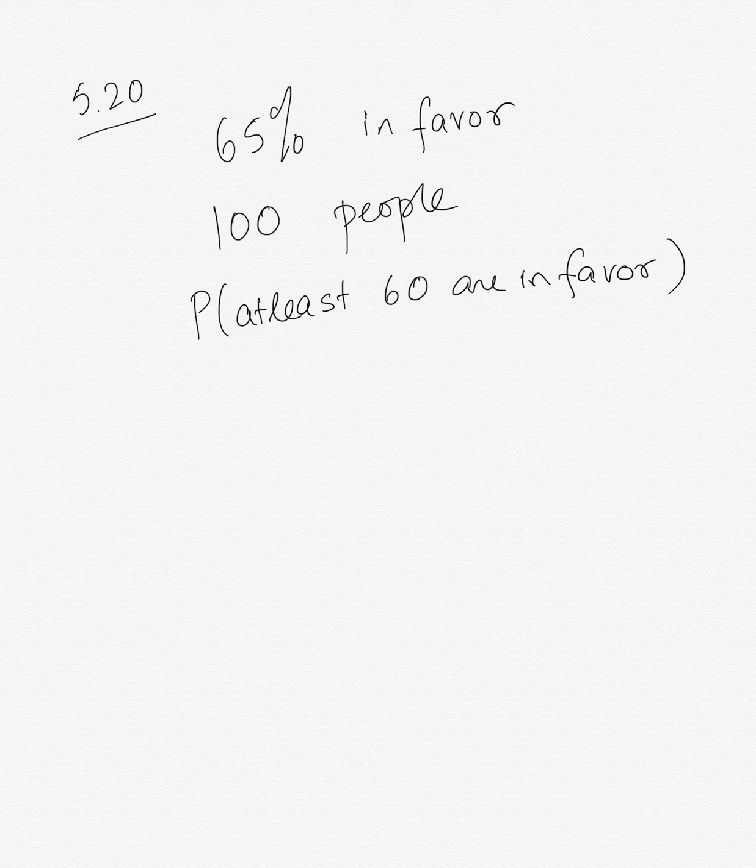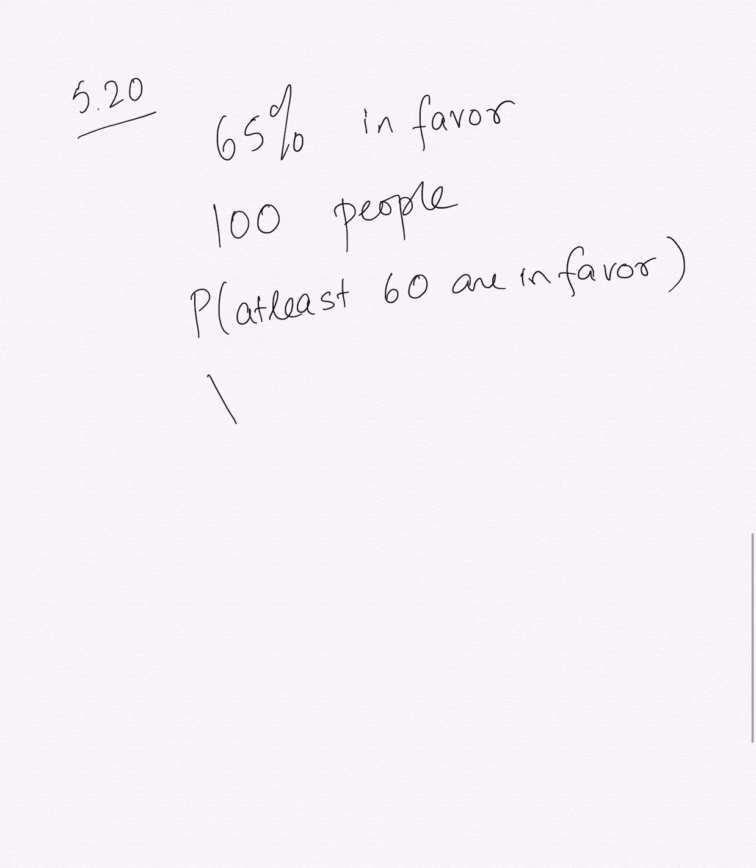Okay, so let's suppose that X is the number of people who are in favor of this proposition. What kind of random variable is X? What do you think? Well, you have to assume independence. You have to assume that everyone thinks for themselves, not swayed by their neighbor or anyone around them.